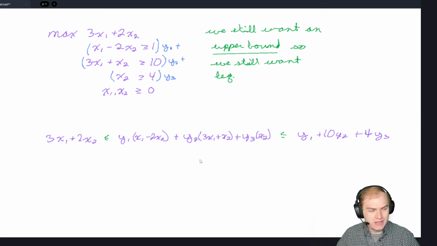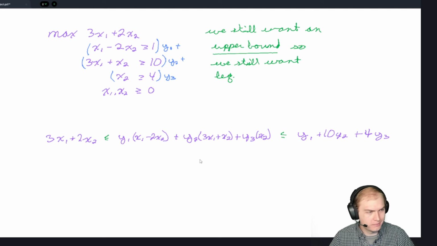If only one of them is negative, or two of them are negative and the other is positive, then we have a contradiction and we can't add them together.